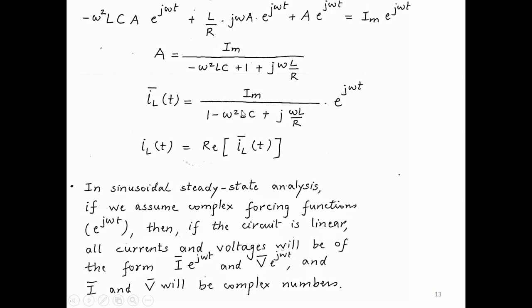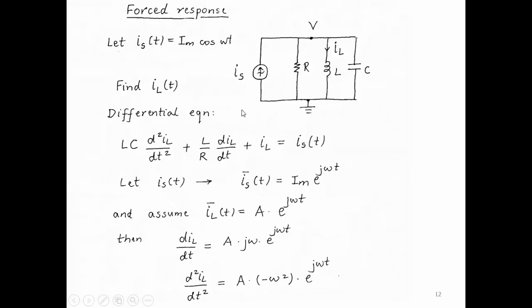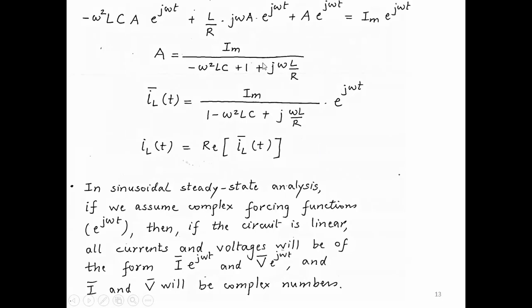So what happened here? Because we used the complex forcing function, we did not have to solve the differential equation for Is at all. We converted the differential equation to an algebraic equation and we solved the algebraic equation.